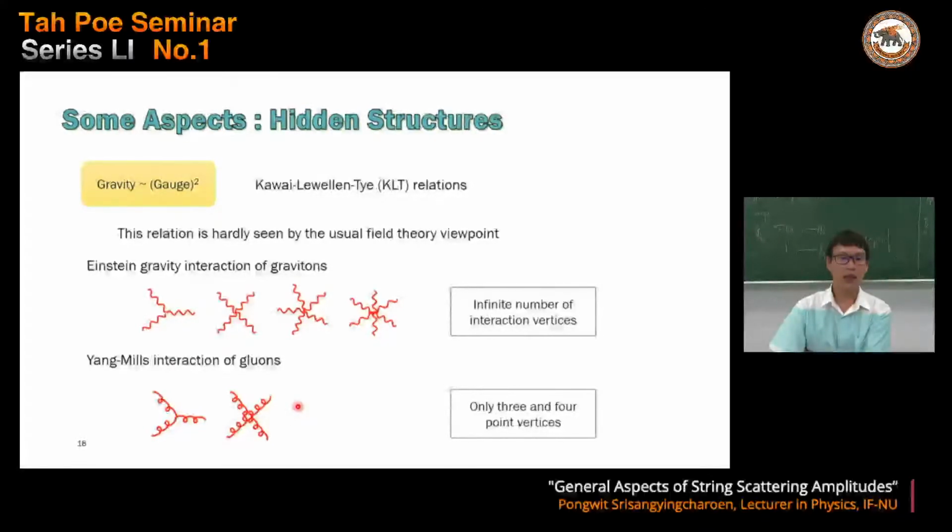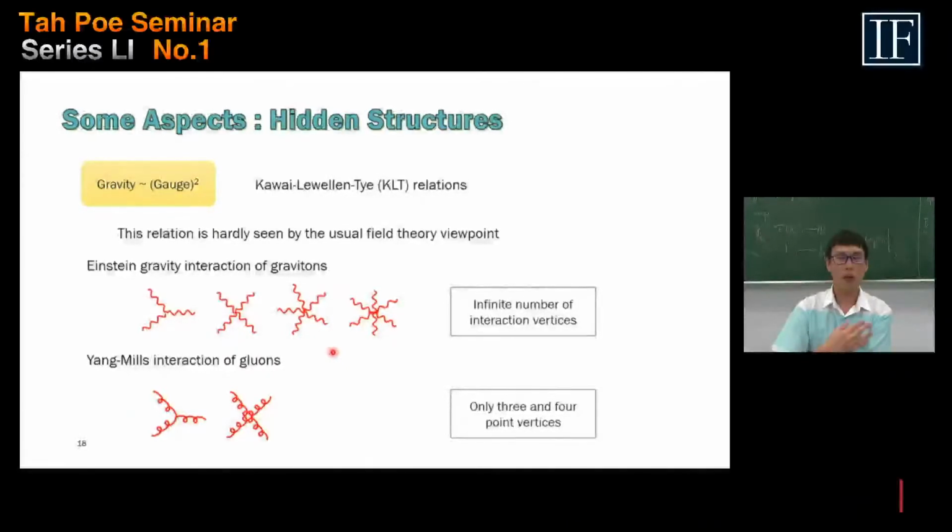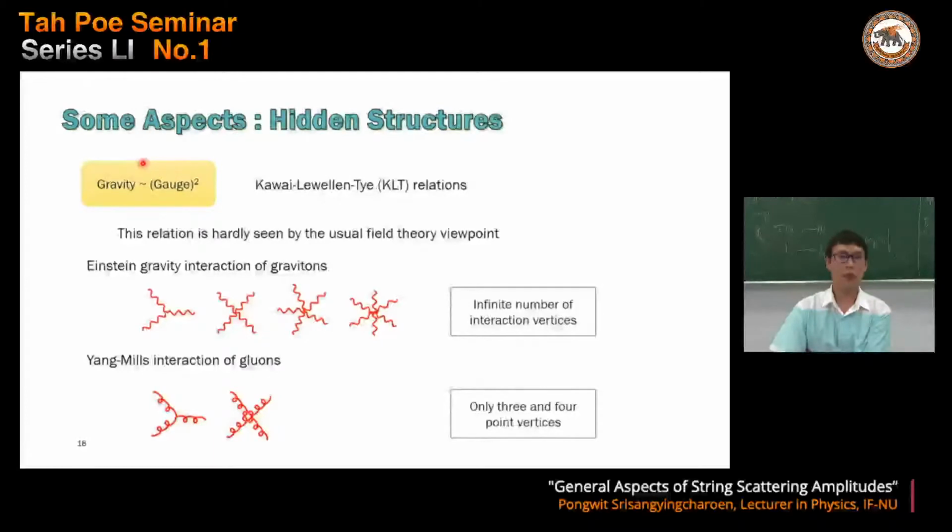You see that these two theories are very distinct from the viewpoint of usual field theory, but from the inspection of string theory, they can be related via this conjecture, gravity as gauge squared, or in the research area, they call it the double copy, because gravity is the double copy of the Yang-Mills theory.